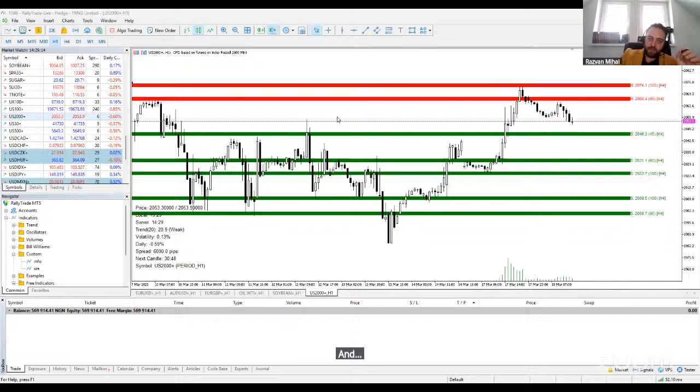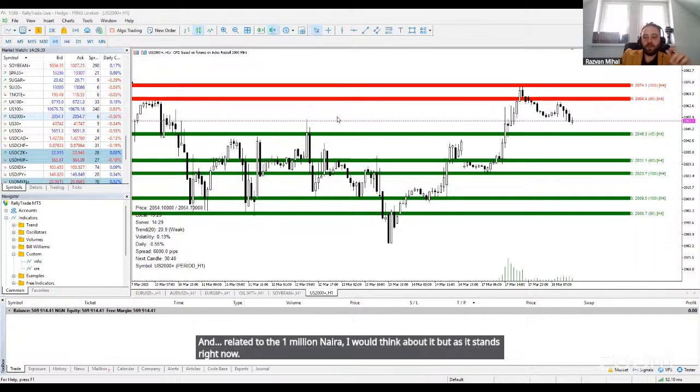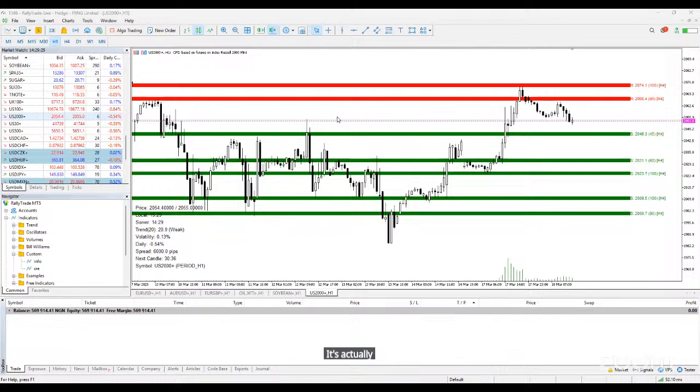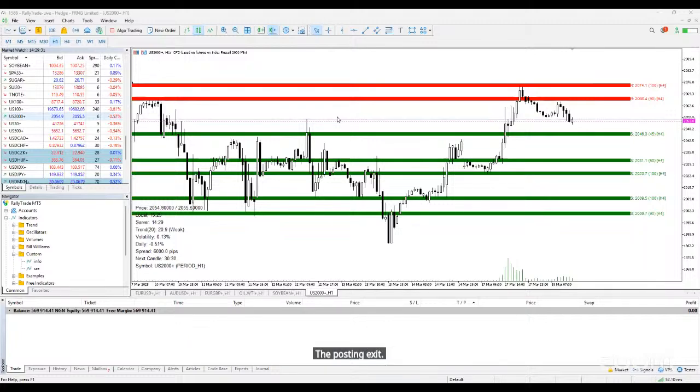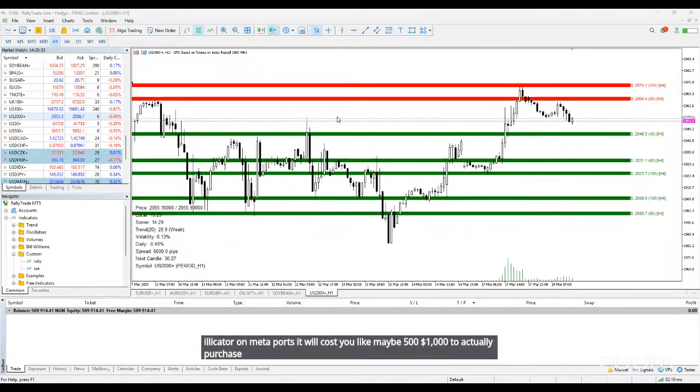Related to the 1 million naira, I will think about it, but as it stands right now, I believe it's actually worth that much. If you want to buy this kind of indicator on MetaQuotes, it will cost you maybe $500, $1,000 to purchase it. Since you are giving it 100% free, it makes sense that they have money, because the essence is for them to trade their account and make money with it.